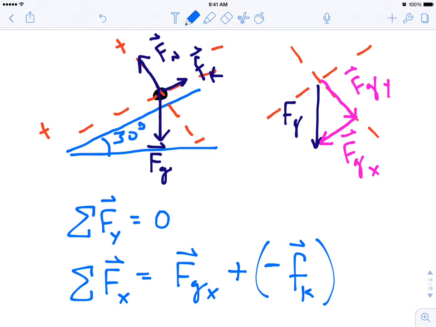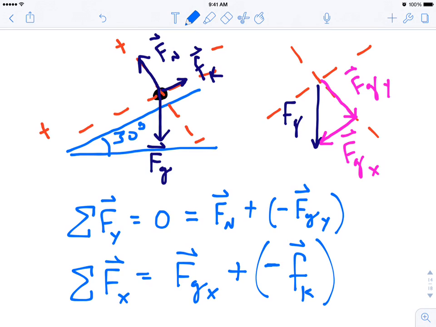I also know from breaking my gravity into components that the normal force will be added to the negative direction force of gravity on the y-axis in this particular situation.